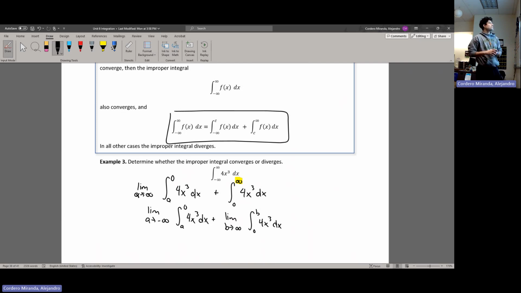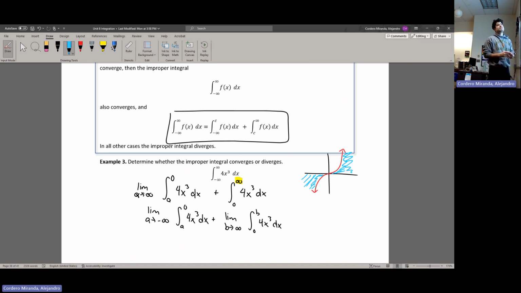Okay, and this part is a little bit confusing, because if you think of the graph of 4x cubed, it looks like this that I'm drawing in red. The area that it wants us to get is all of this under the red function.